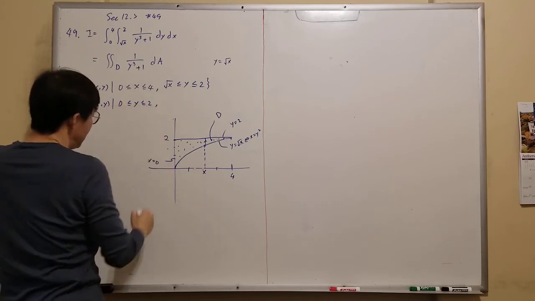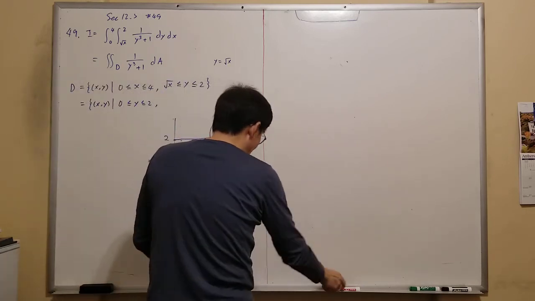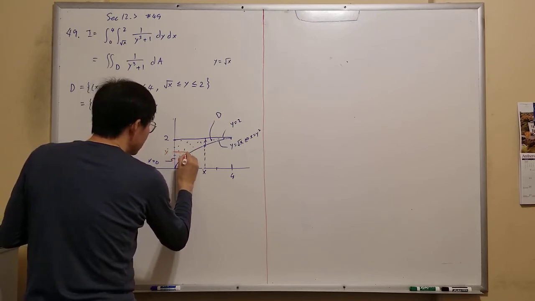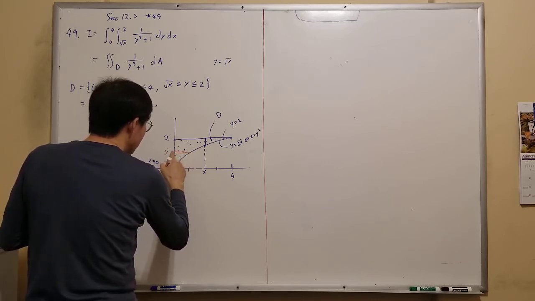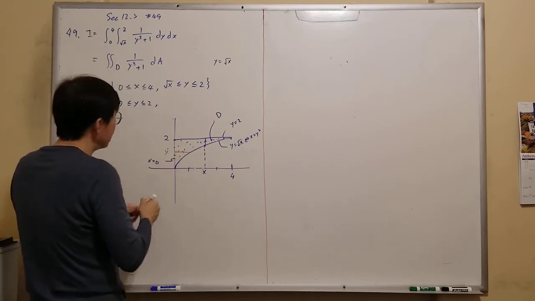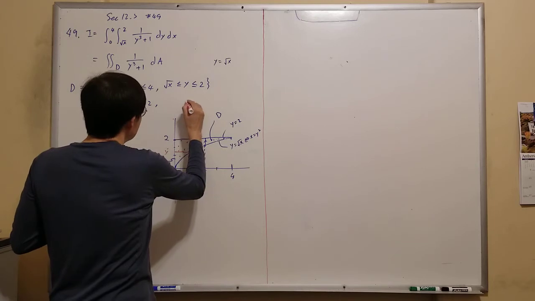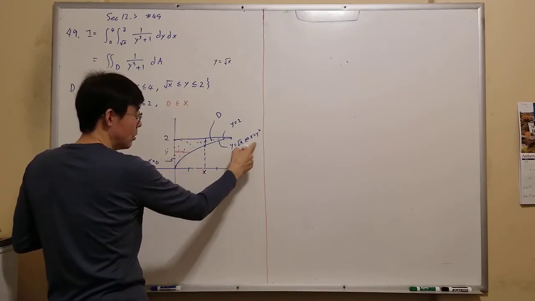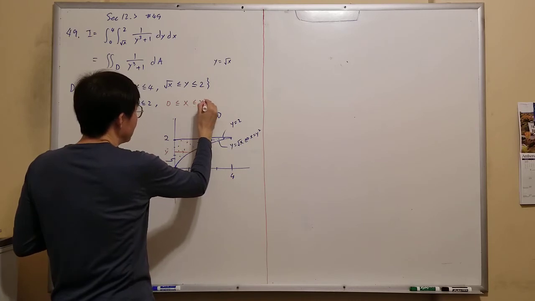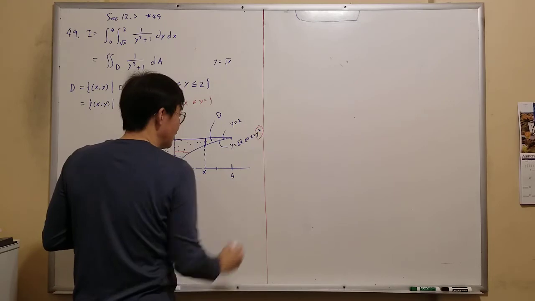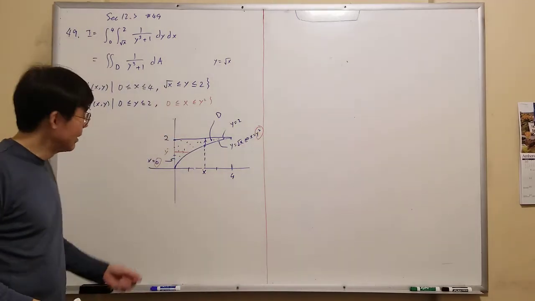And for a given y, you enter the region through x equals 0, right? X runs from x equals 0 to y squared, right? X equals 0, x equals y squared, right?